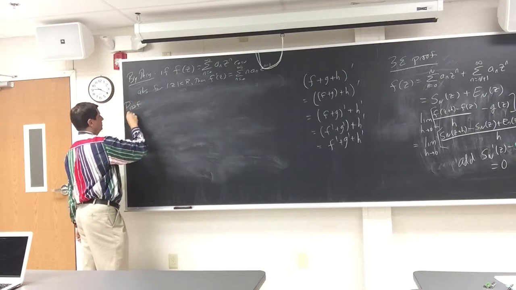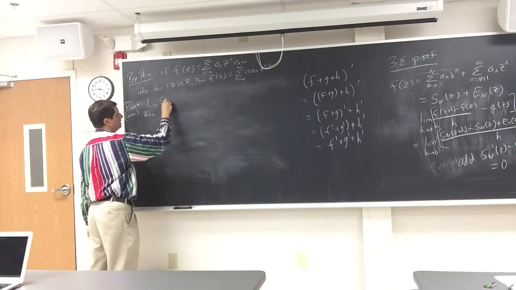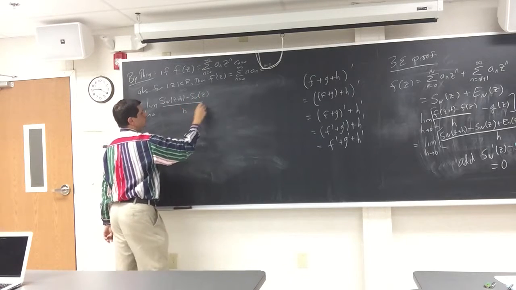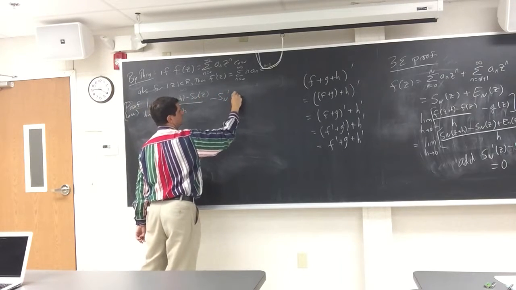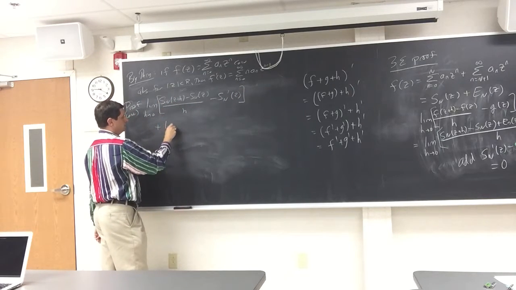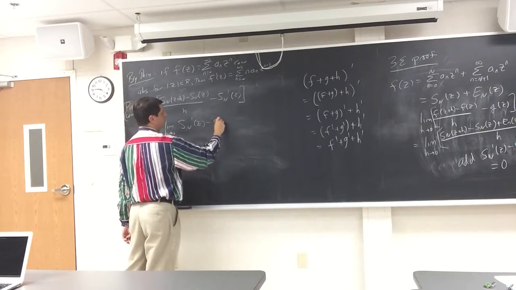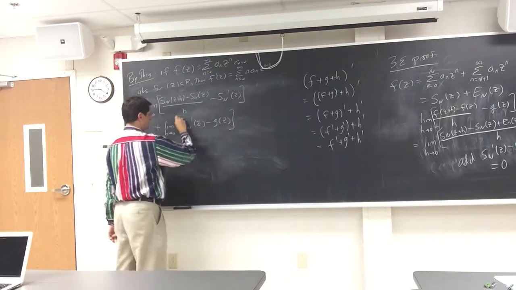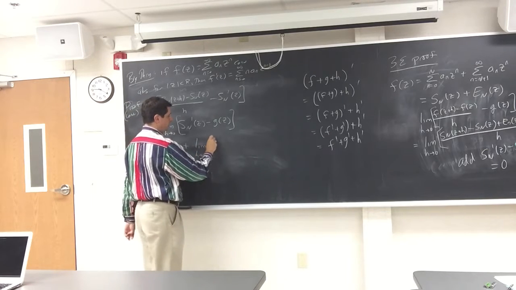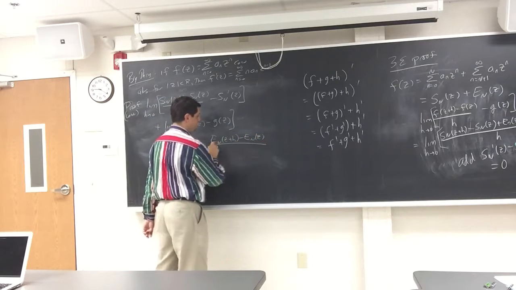So proof continued. So we will have the limit as h goes to 0 of Sn of z plus h minus Sn of z over h minus Sn prime of z, plus the limit as h goes to 0 of Sn prime of z minus g of z, plus the limit as h goes to 0 of En of z plus h minus En of z over h.